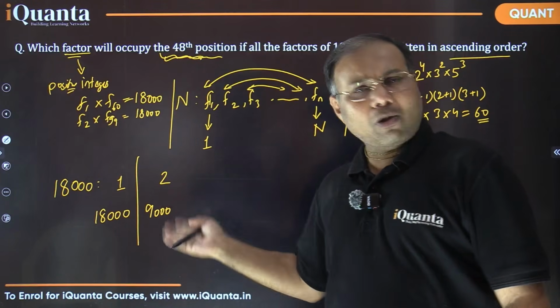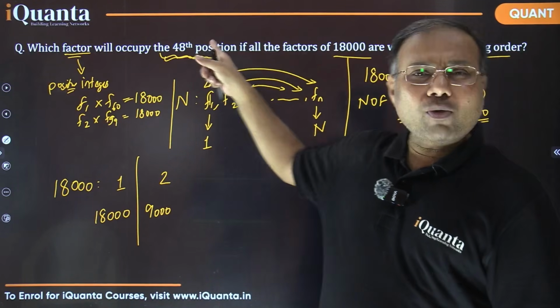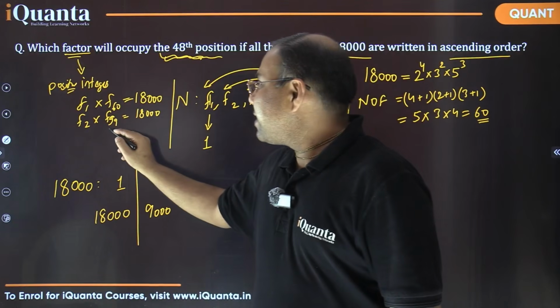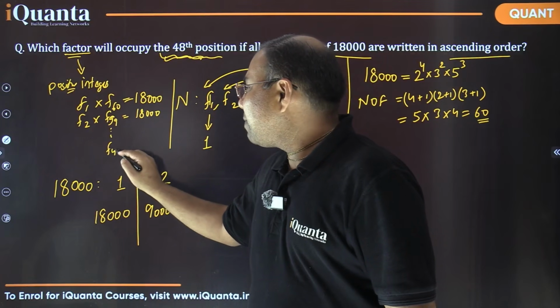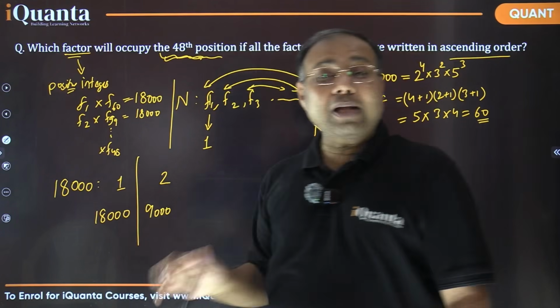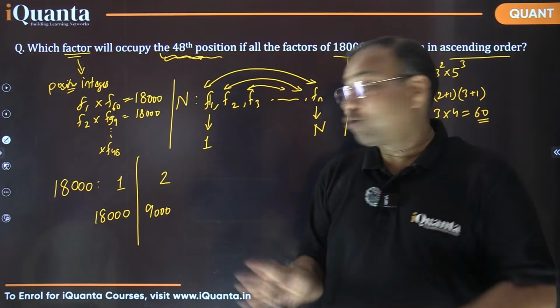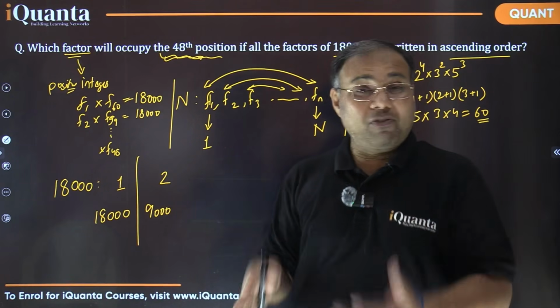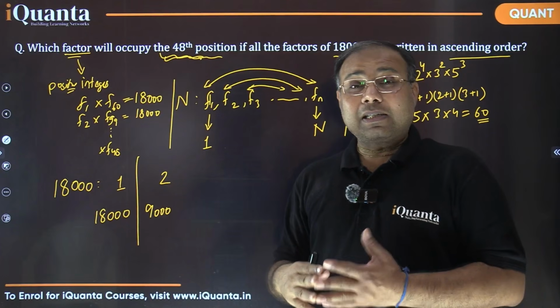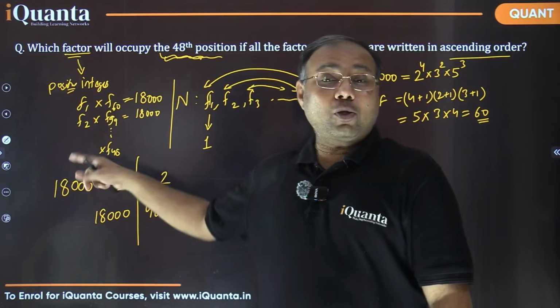That also we have written already, right? So our objective right now is to identify the 48th factor. Can you tell me what will be its corresponding factor, so that I have no need to write all the 60 factors? Without writing all the 60 factors, let's try to identify what is its corresponding partner.